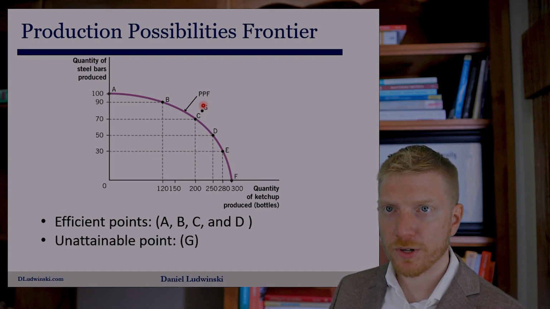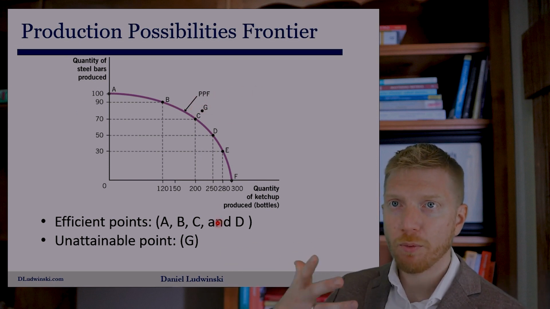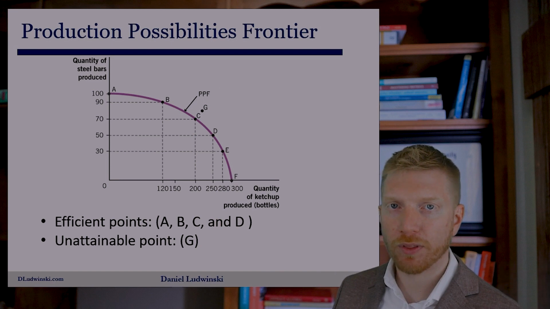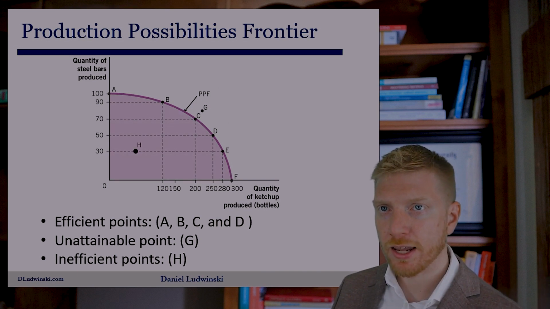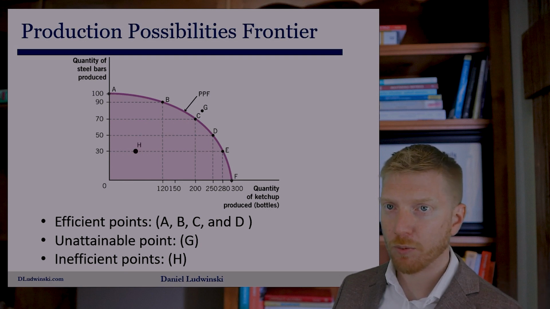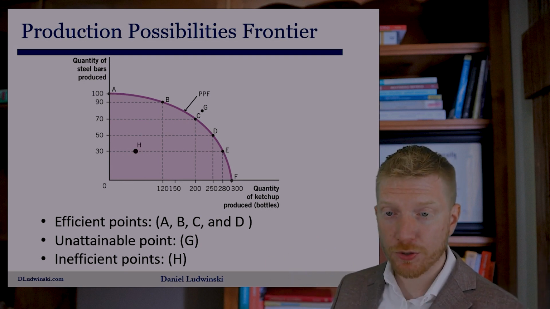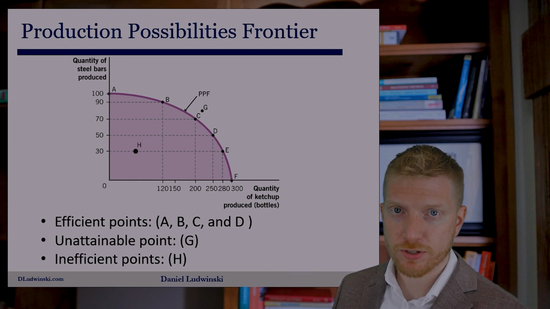Unobtainable points are points like G, where they are outside of the frontier. There's no way we can produce G right now with the known technology and the resources we have. Inefficient points are any of these points inside the frontier, like H. We could produce at those points if we're not being careful with how we use the resources.